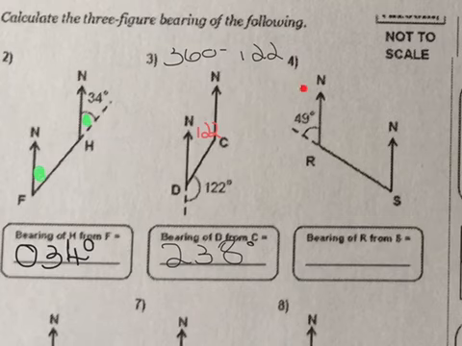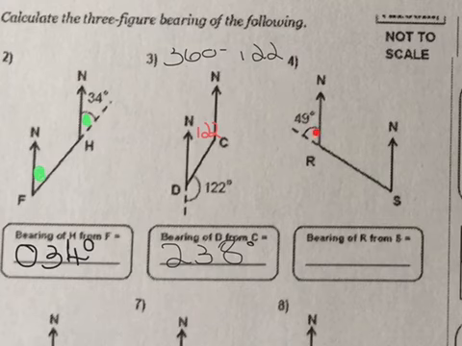So this one, we're looking for our bearing of R from S. So we're starting from S, going to R, going in a clockwise direction. So this is the angle here that I want to calculate. So again, looking at it, we have the two parallel lines, the north lines, and we have an F angle.